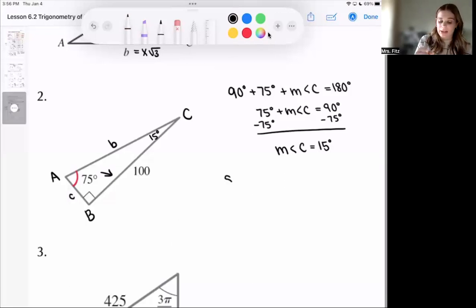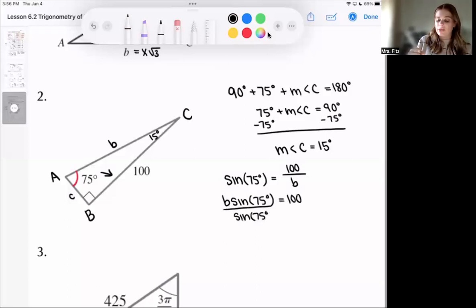So we have sine of 75 degrees equals opposite, which is 100, over your hypotenuse, which we're solving for is B. Multiply both sides by B, we get B times sine of 75 degrees equals 100. Divide by sine of 75 degrees.